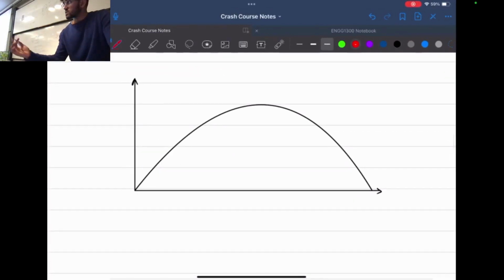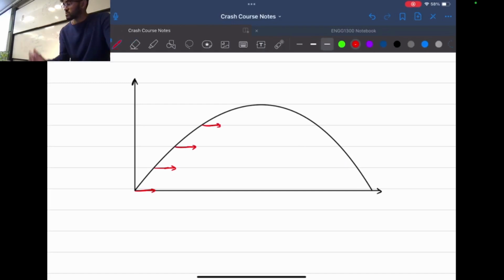So as we discussed before, the x velocity never changes. It will always be constant. So I'll just draw at any point, this x velocity will be constant. Just look at the size of the line.